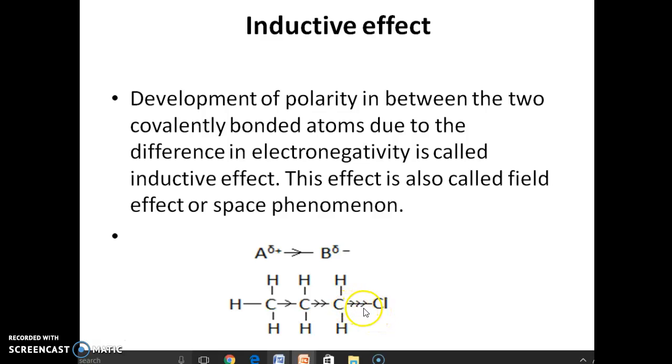So if you take this here, the carbon is bonded to chlorine. So chlorine is more electronegative. As a result, what will happen? The chlorine will get a small negative charge and carbon will get a small positive charge. So when you take the example of this bond, this carbon which is bonded to halogen has got a small positive charge and is electron deficient.